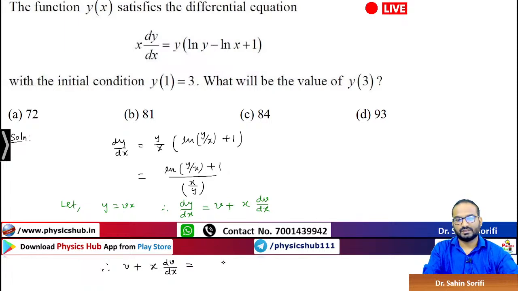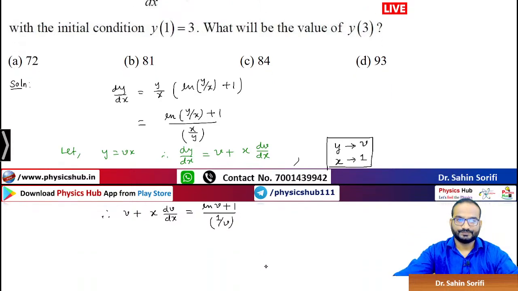Then the other things will fall into place, and you don't need to look around. ln(y/x), so ln v, plus 1, divided by 1 upon v. No issue.